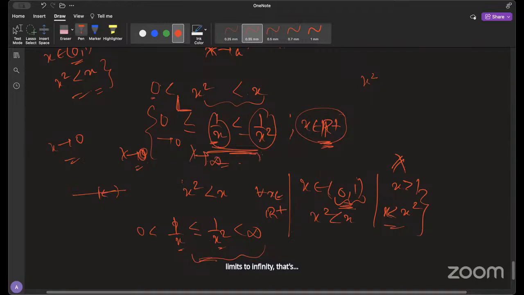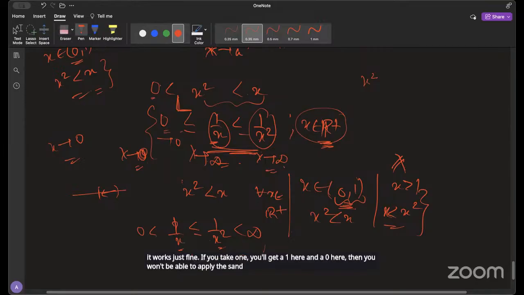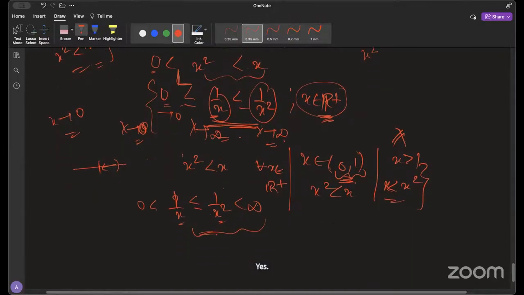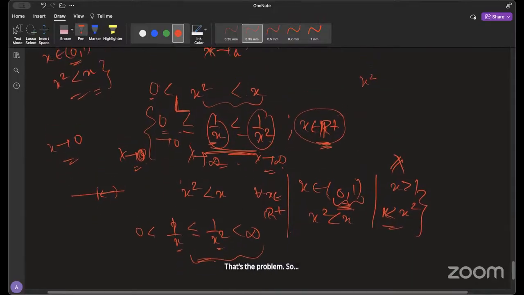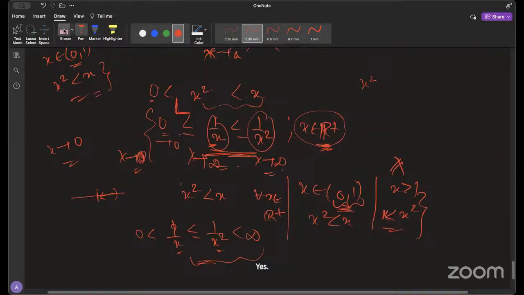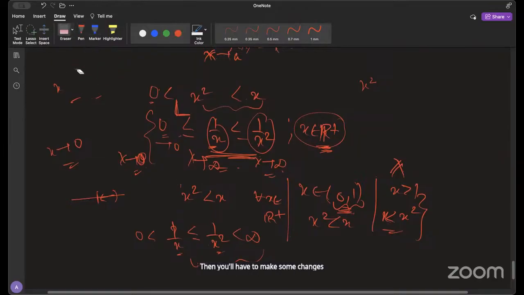That's fine, it works just fine. If you take 1, you'll get a 1 here and a 0 here, then you won't be able to apply the sandwich rule. So you'll have to make some changes here, because now we're not considering x to be in (0, 1).